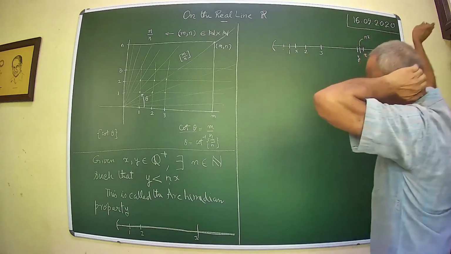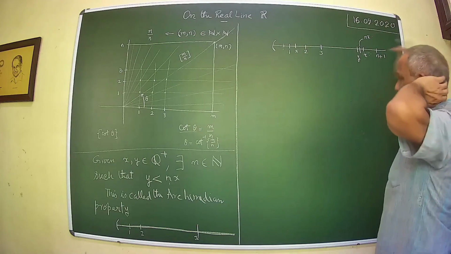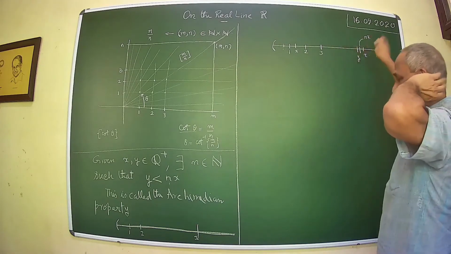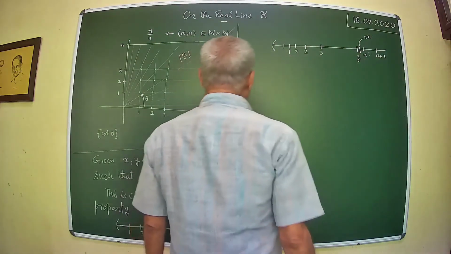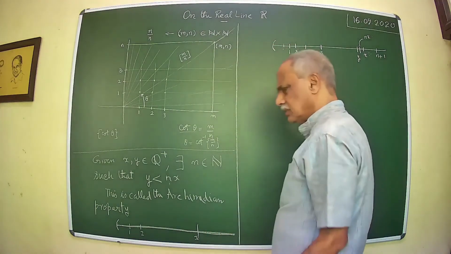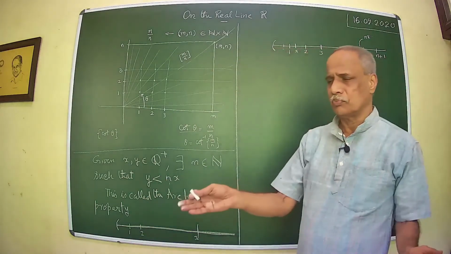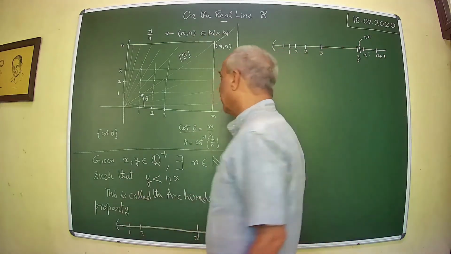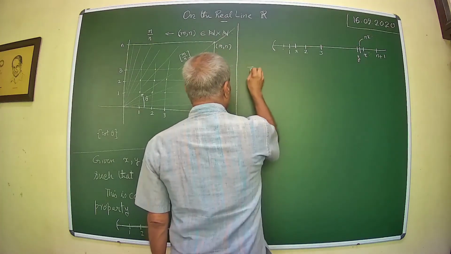So there are several n's of this property. But certainly you can cover this through n steps of each step length of x units. Now this is the Archimedean property, which is a very important property which we use in many of the proofs, proving many of the statements that we make.